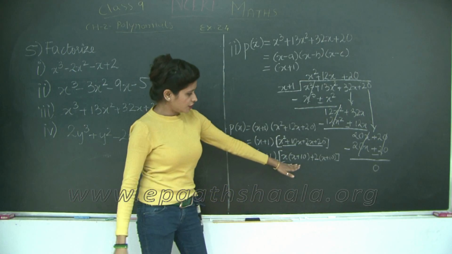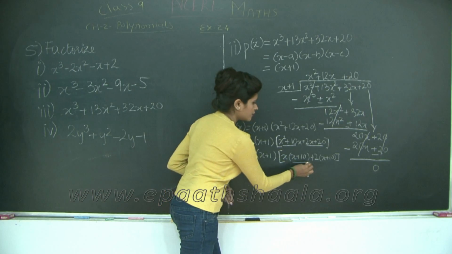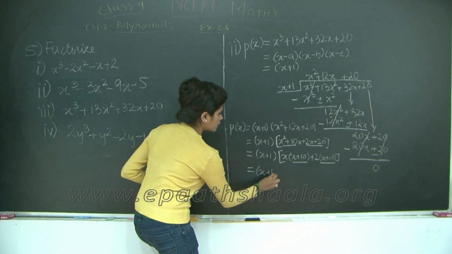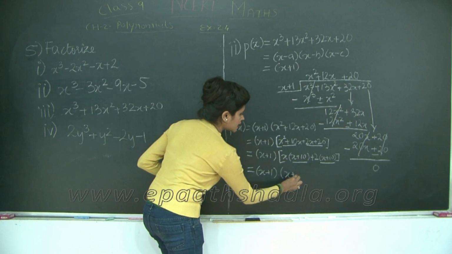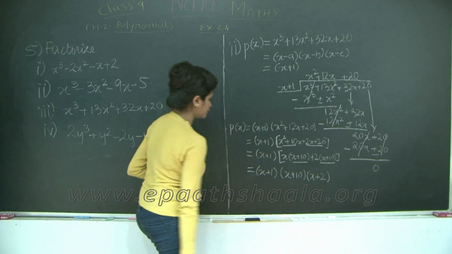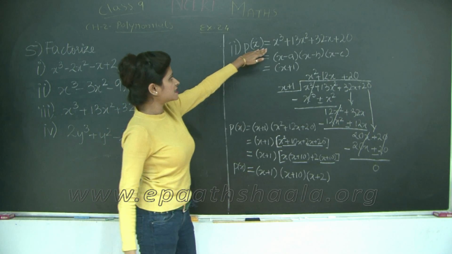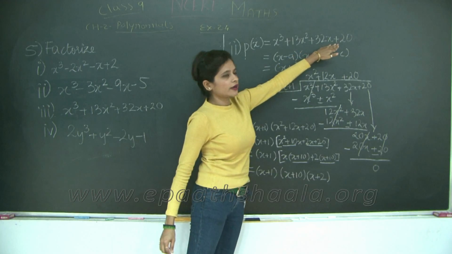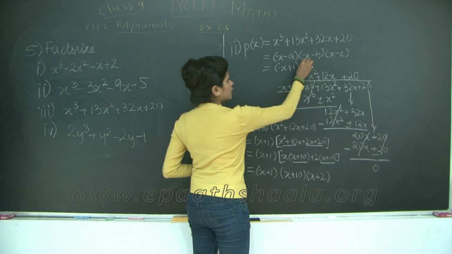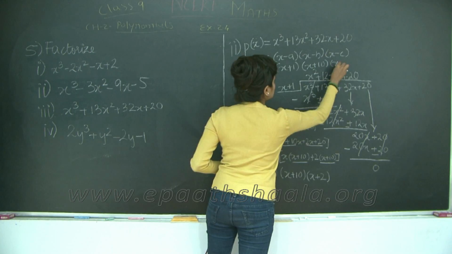Now here we have x plus 10 common between these two terms, so I am going to take it common outside. So I am left with (x plus 1)(x plus 10)(x plus 2). This is P(x). So we have factorized P(x), that is x cube plus 13x square plus 32x plus 20, into the product of its factors, which is x plus 1, x plus 10 and x plus 2.